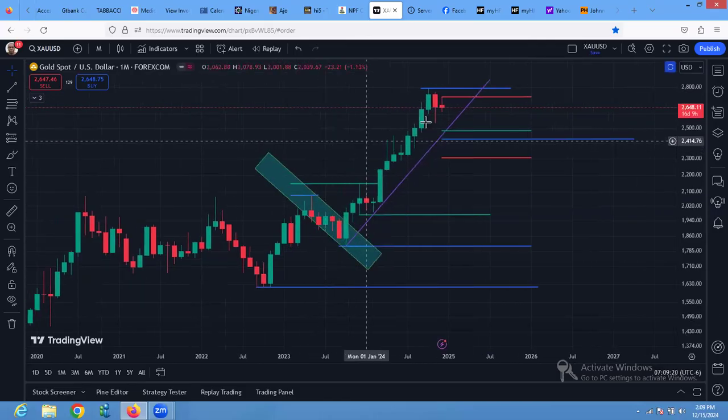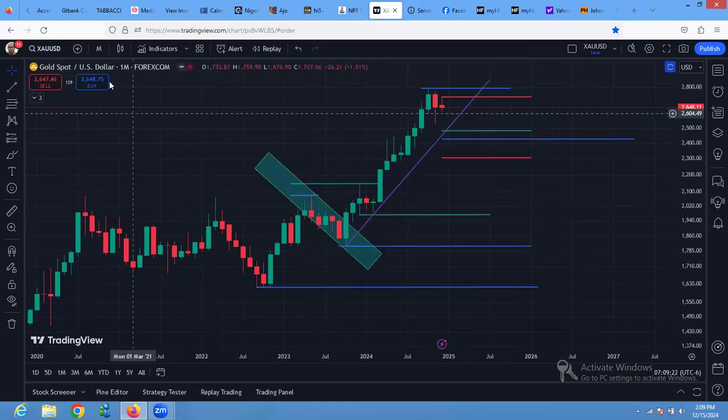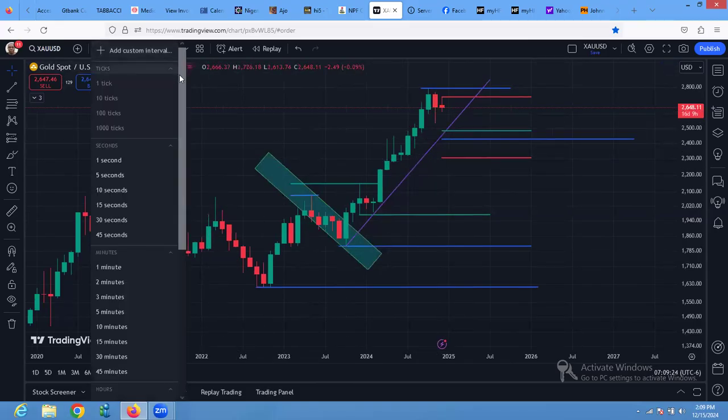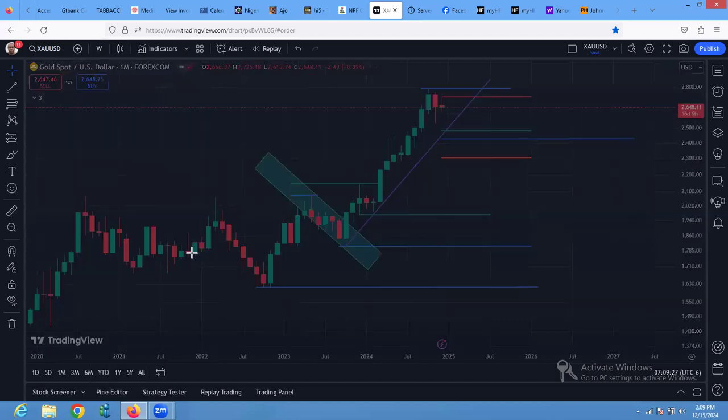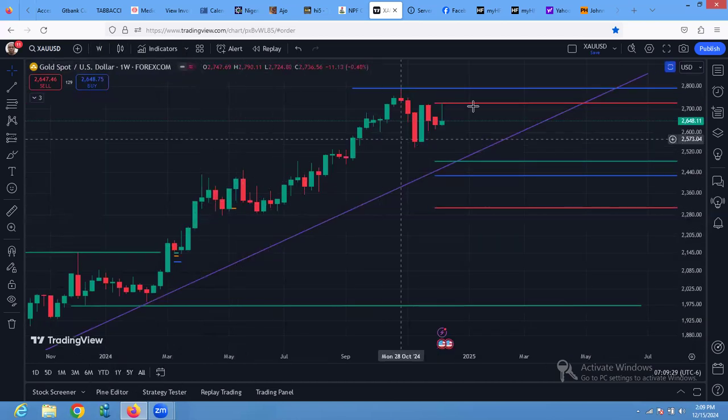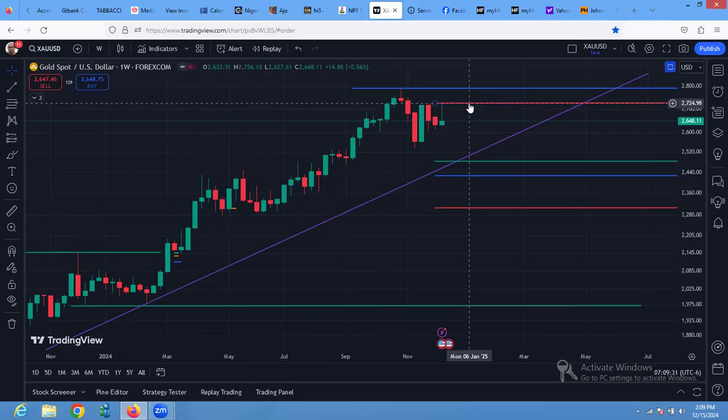So what we can gather on the weekly now is that we don't expect price to come and take this area. What we can gather is for price to correct to the upside because there is liquidity to be grabbed here. I wouldn't expect price to come to the downside and break down.